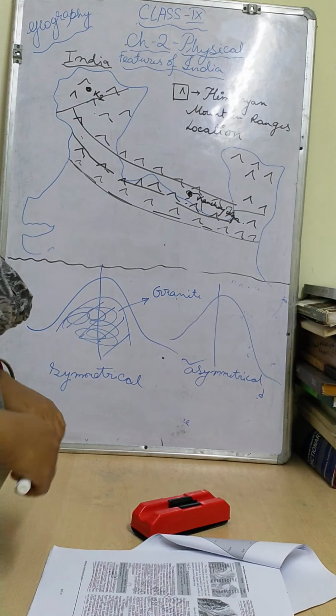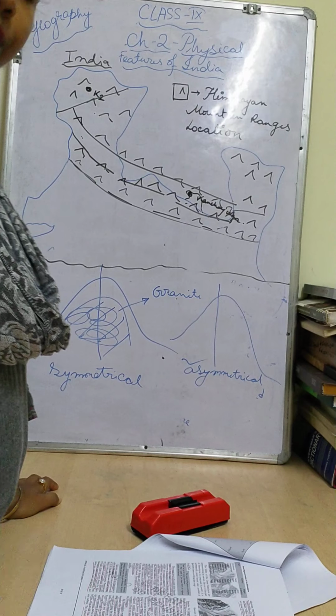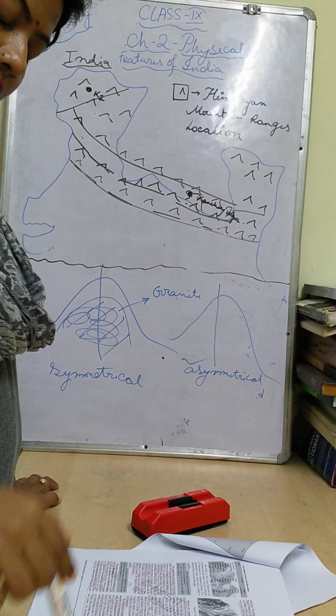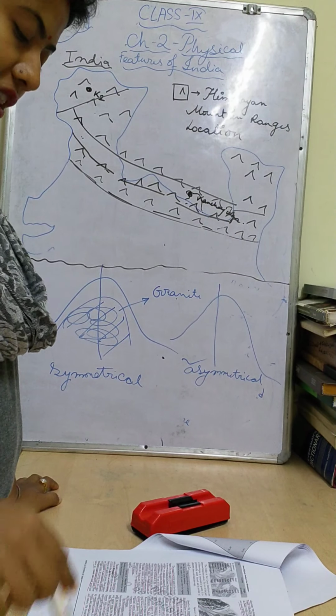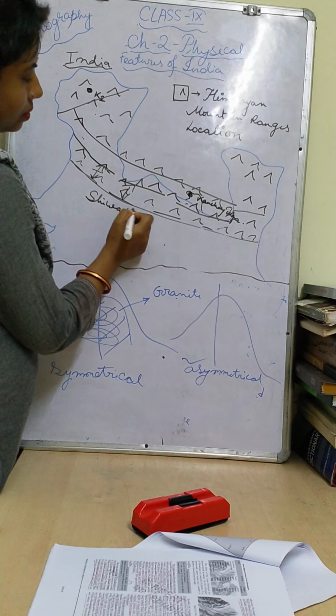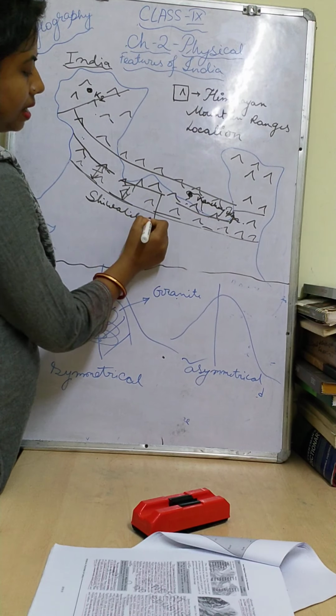Here children, I will mention some specific types of landforms. These valleys are mostly covered with gravel and alluvium. The longitudinal valleys: between these two there will be valleys. Here this will be Shivalik, that will be Himachal, and this will be Himadri.